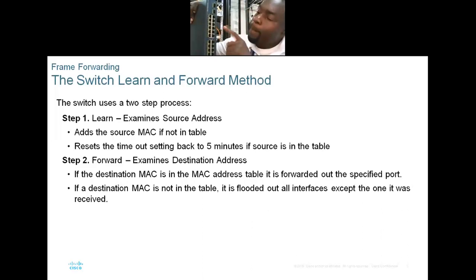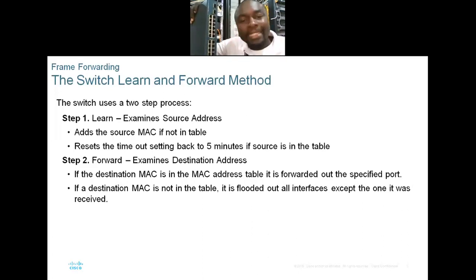But the moment it sends the message with a destination on this particular port, and unfortunately the MAC address of the destination device is not in the table, the switch will send the message to all the ports on the switch. So every port will check the destination MAC address in the frame header.